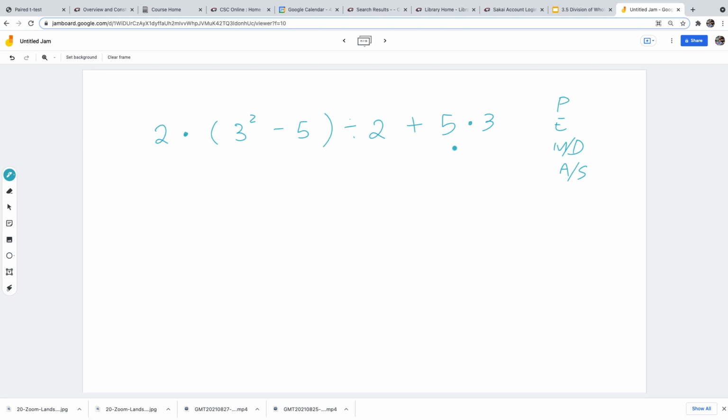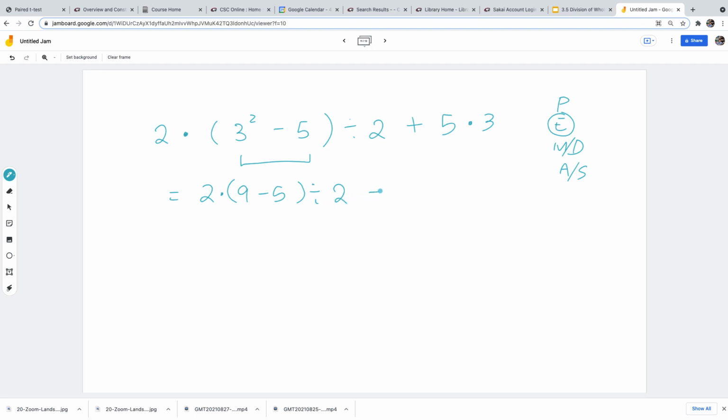So parentheses, yes, this time we have the parentheses. So we're gonna do this parentheses first. In the parentheses, we have square minus 5, which is exponent, comes before subtraction, right? So in the parentheses, you can do 9 minus 5. So let me just rewrite everything.